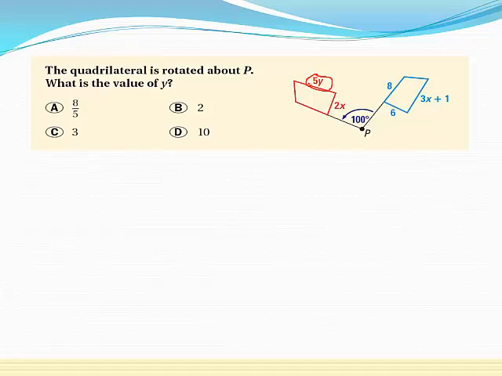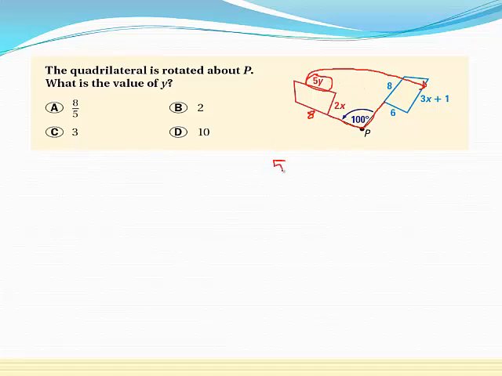If you rotate it and look at what it does, you can see that it comes to the 3x plus 1. Because this line here means that this line here would be the 8 in terms of equivalence.